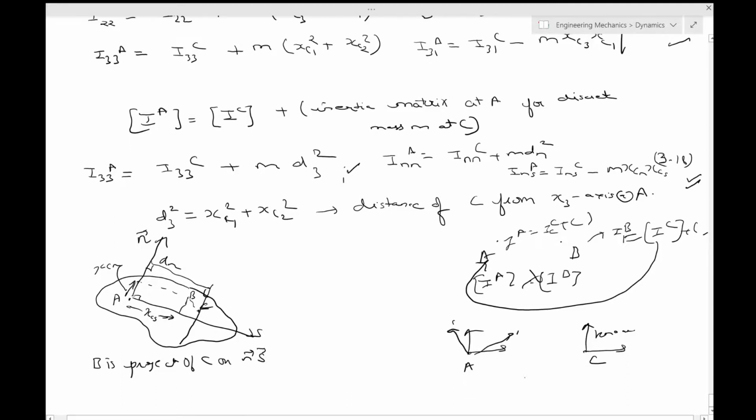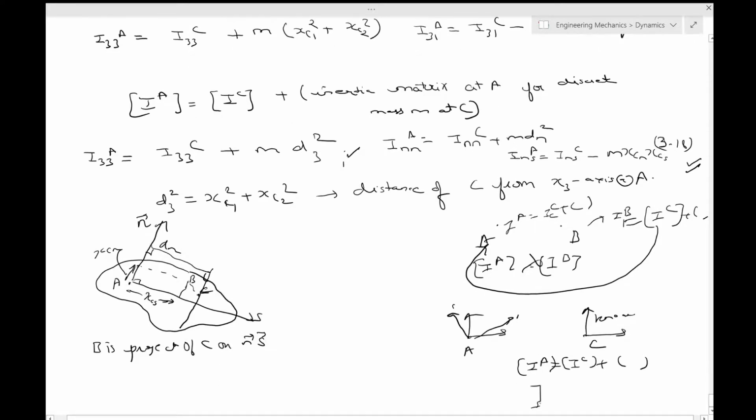You have to first find IA using IC plus those terms, then you have to transform this IA to IA dash. So you have to apply a transformation matrix, AIJ, whatever it was. I think we have seen enough of it. So first use the parallel axis theorem to come from here to here, and then do this transformation.